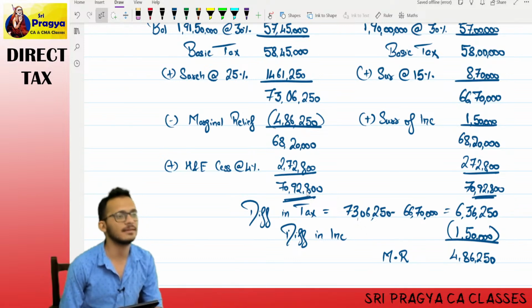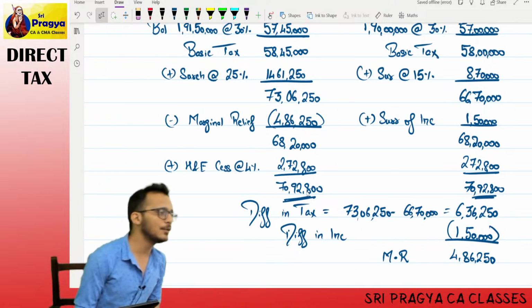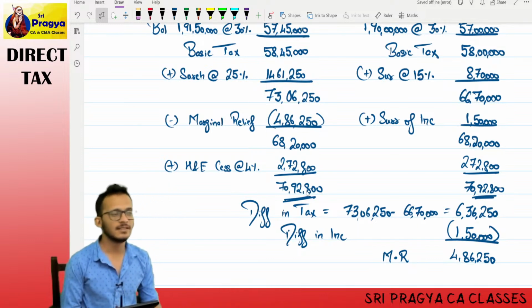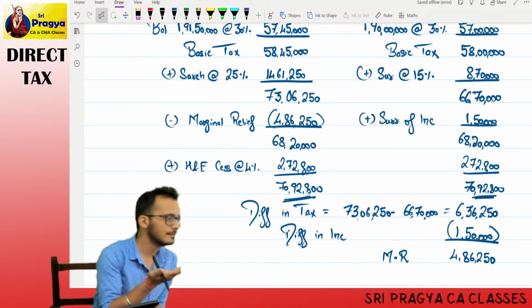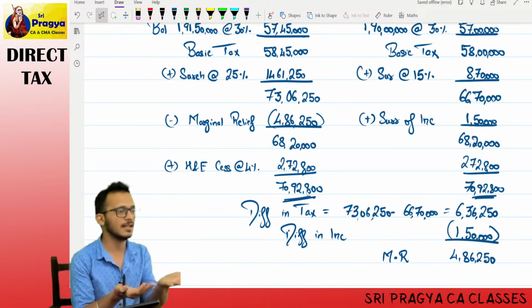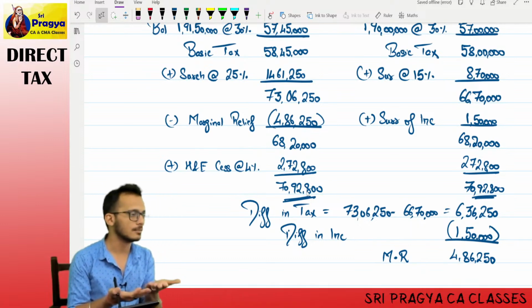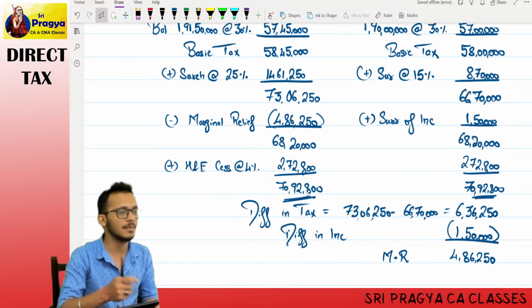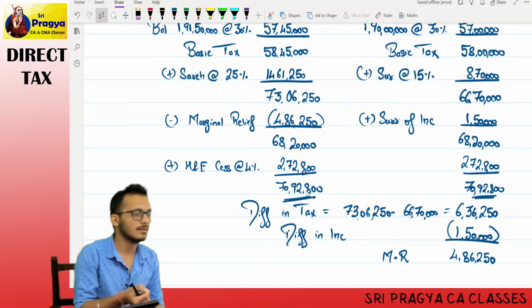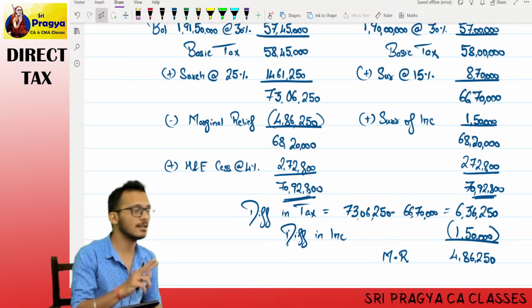The concept is that every time you find an income which is marginally higher than the base, 50 lakhs, 1 crore, 2 crores, 5 crores, the reason what is happening is surcharge is now changing.